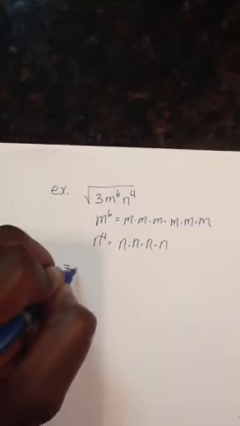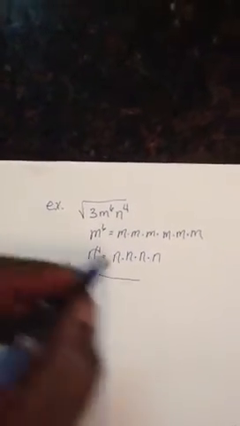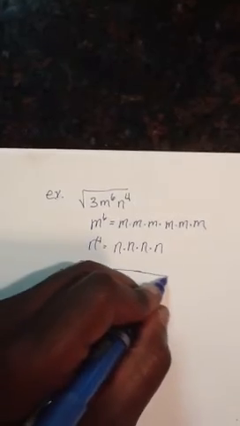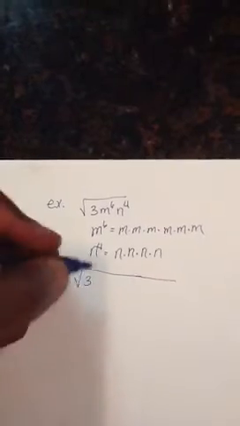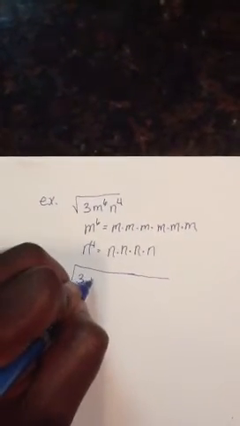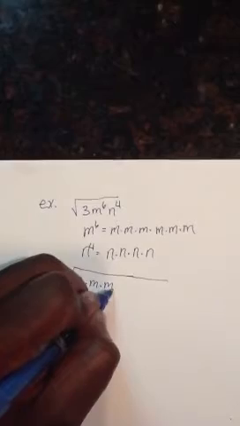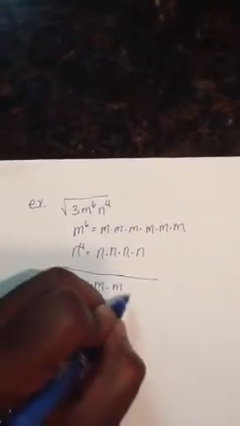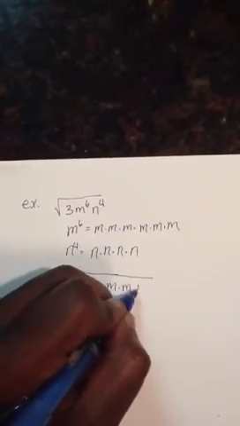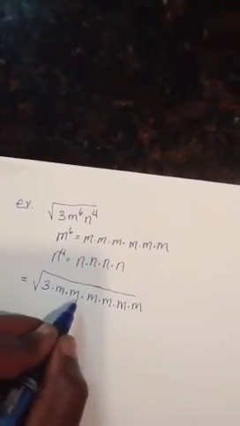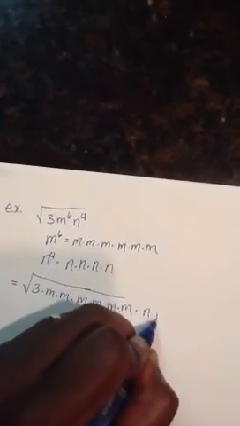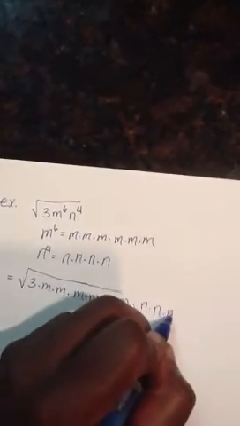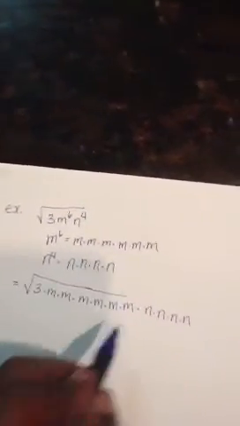Alright, so let's rewrite. What we have under the square root is 3 times 6 m's times n times n times n times n.